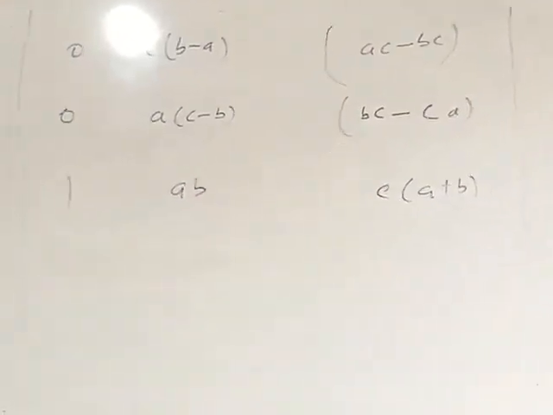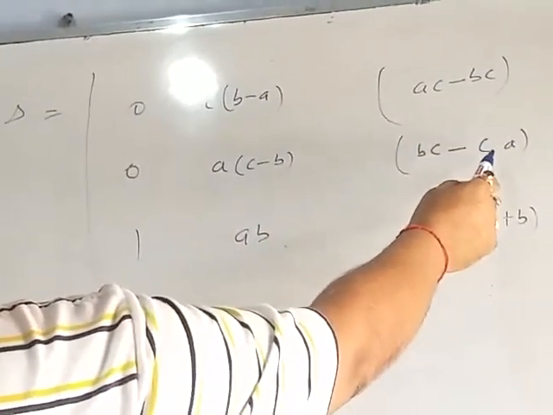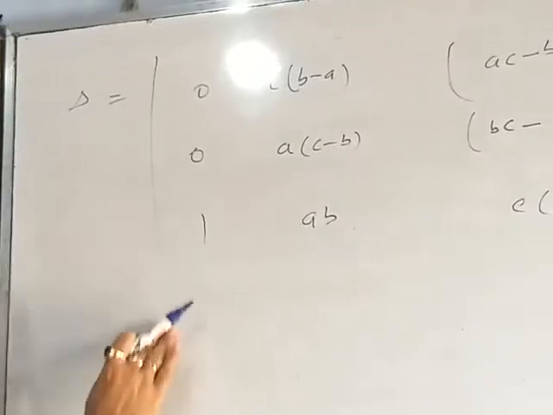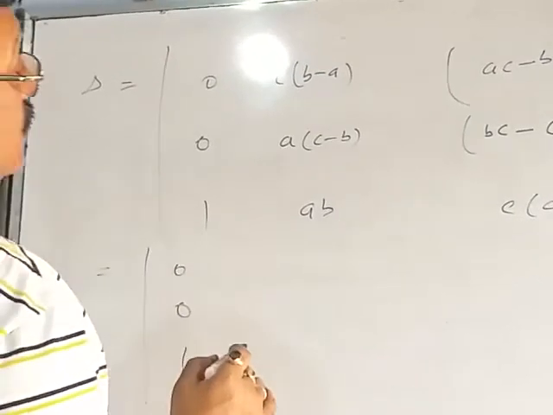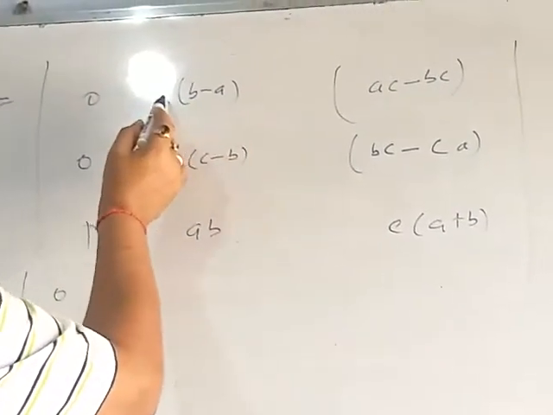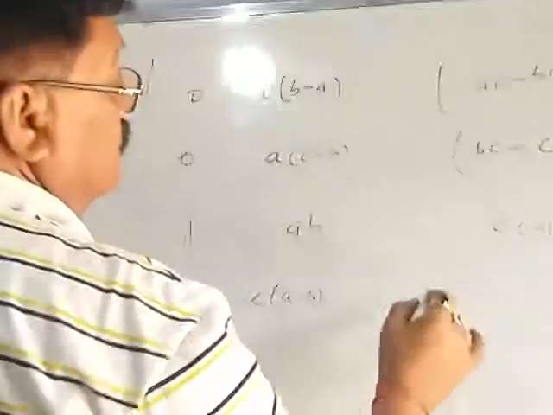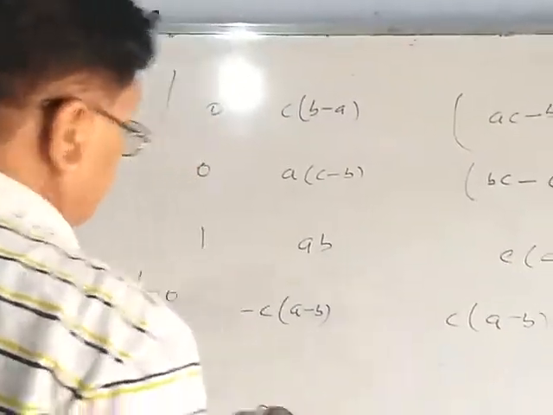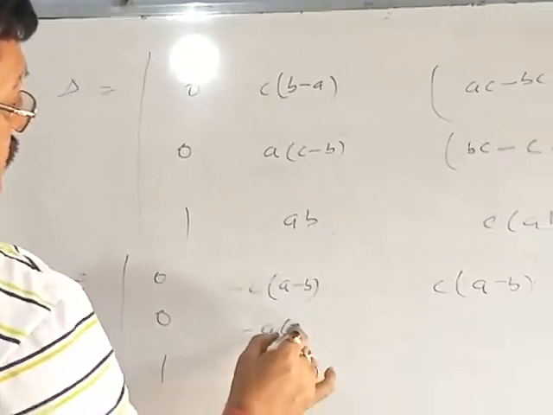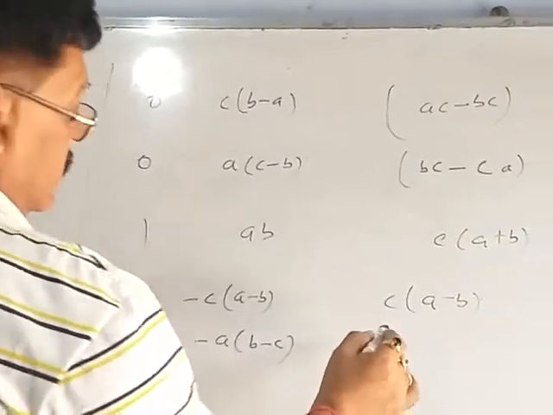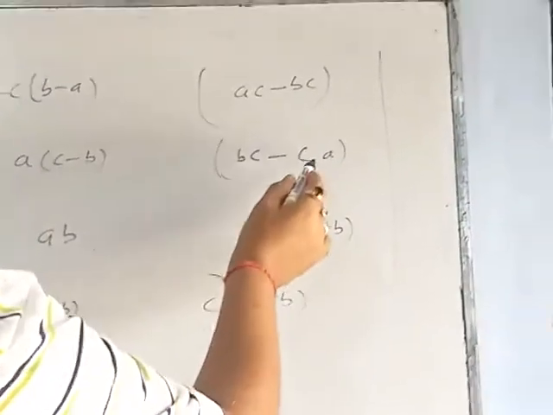After simplification, here also we take common C. So next step: 0, 0, 1; C, C. Here we take minus common, minus (A minus B). Here we take common C, (A minus B). Here we take minus common, minus (B minus C). Here C common, B minus A.